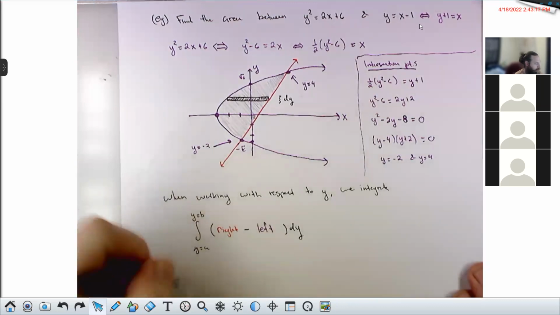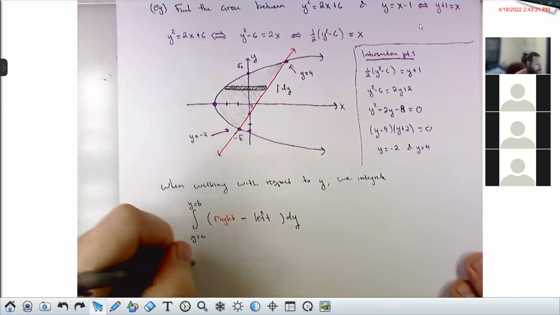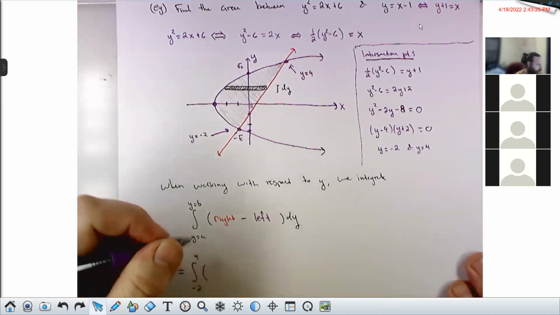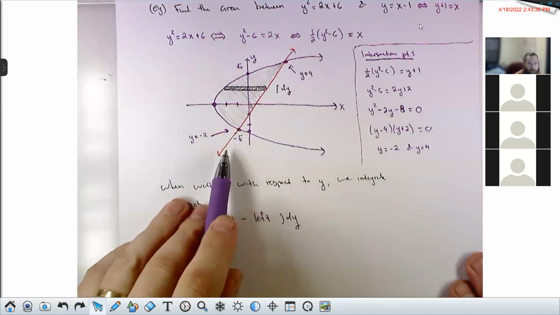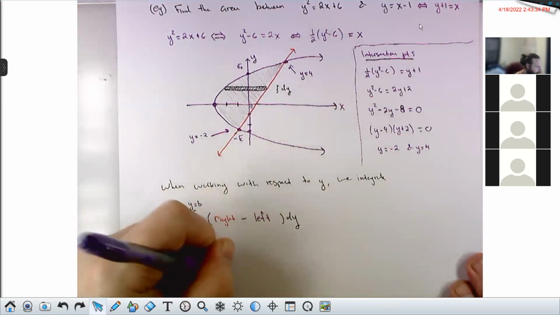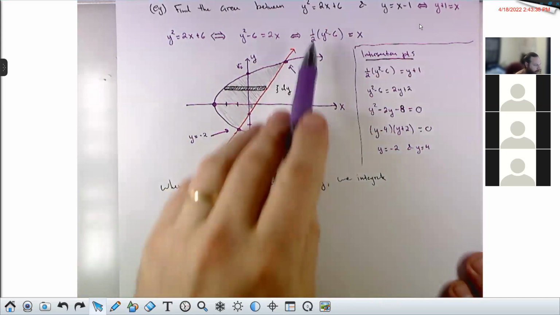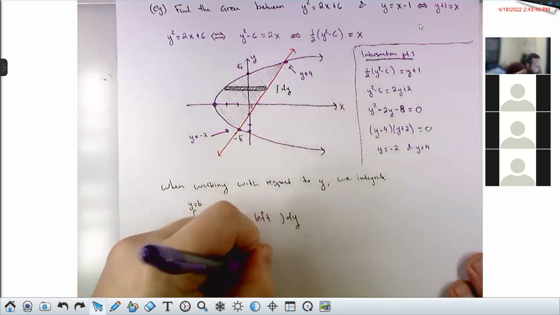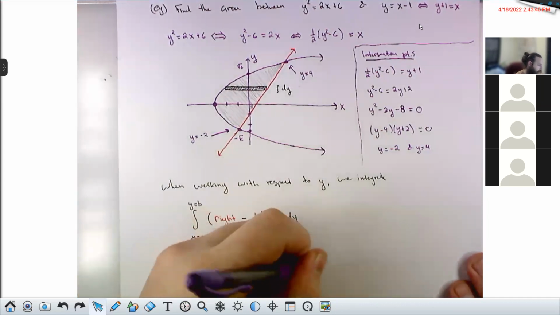So my integral is going to be the integral from -2 to 4 of my right function as a function of y, being solved for x, which is y plus 1, minus my left function, solved for x, which is 1/2 y squared minus 6, dy.